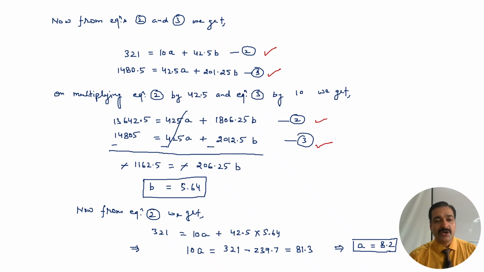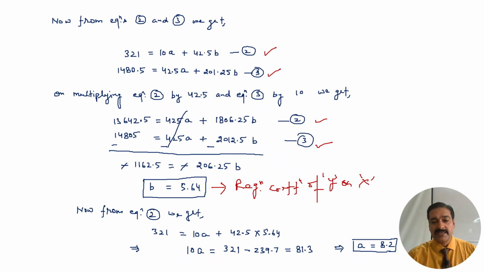This is your regression coefficient of y on x. Please remember this. Now, from equation 2, we put this value of b into equation 2 and find the value of a, which comes out as 8.2.